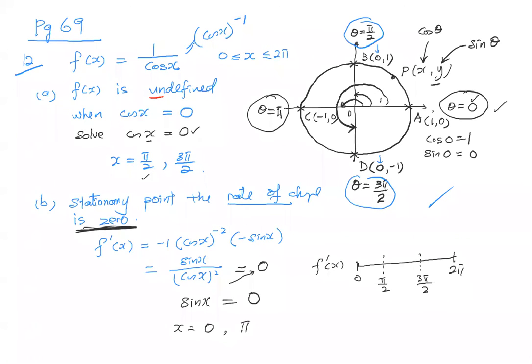So 0 is here. Pi is here. So now you tell me. If you want to know the nature, I will prefer to plot the graph. Can you just use your calculator and plot the graph, or you determine the sign?